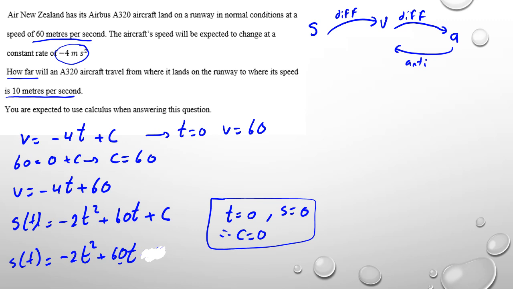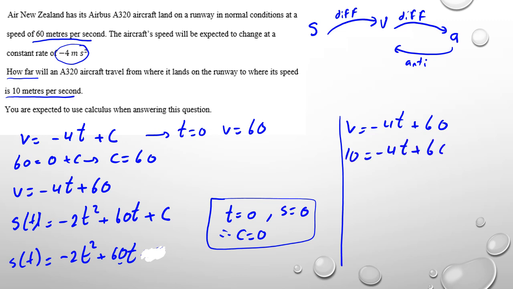Now the question says how far when the speed is 10 meters per second. Now you need to find out what t is, because I don't have speed in the distance formula, I have only t as a variable. So I will use the velocity formula and substitute in the velocity 10 and find t.